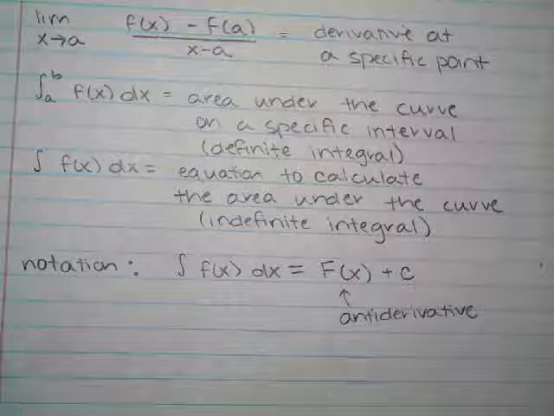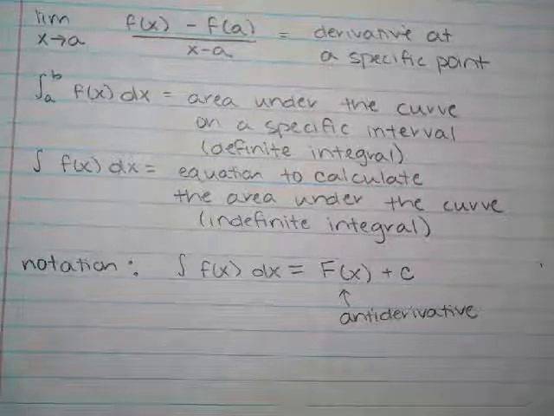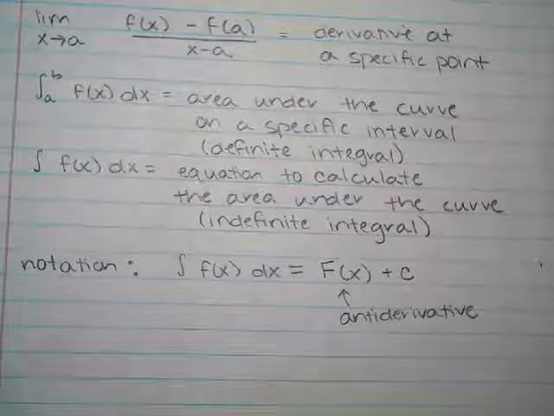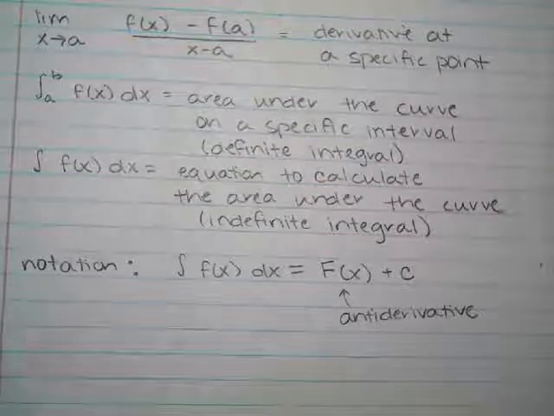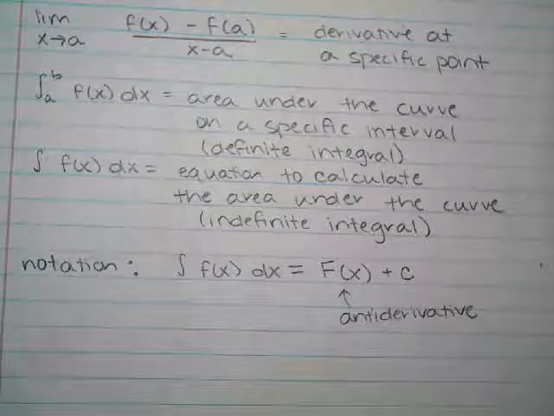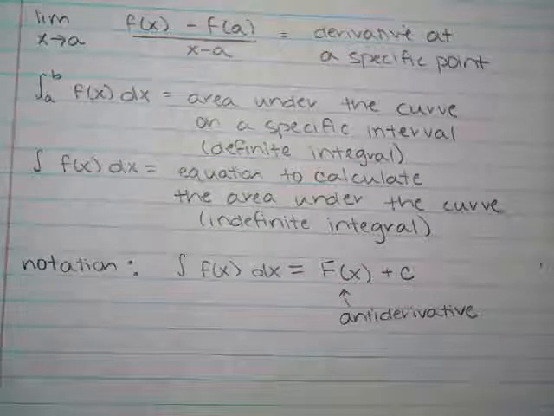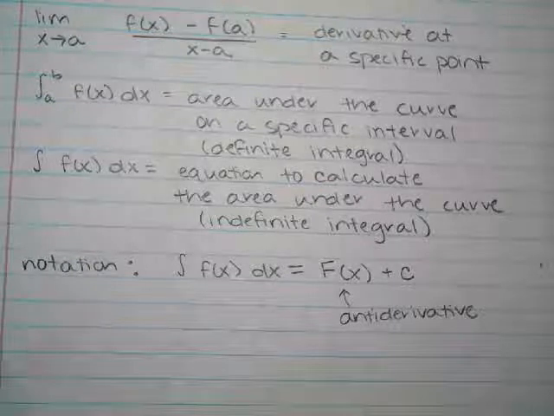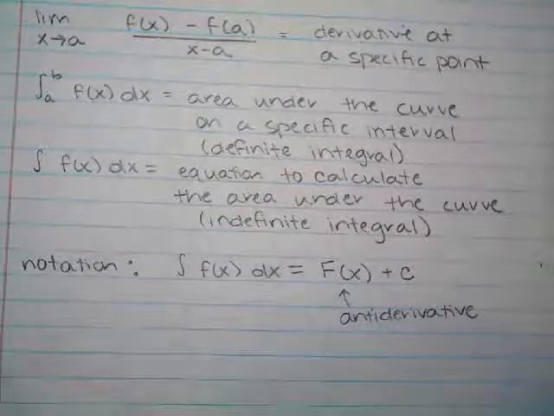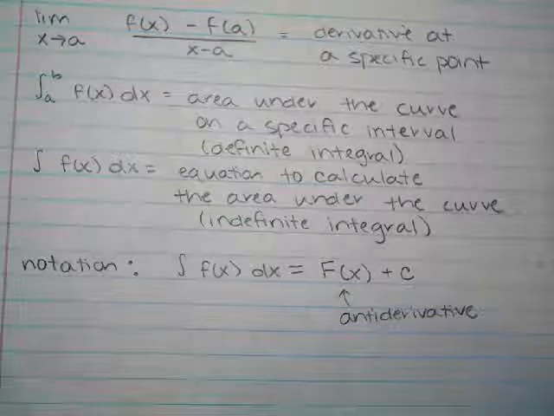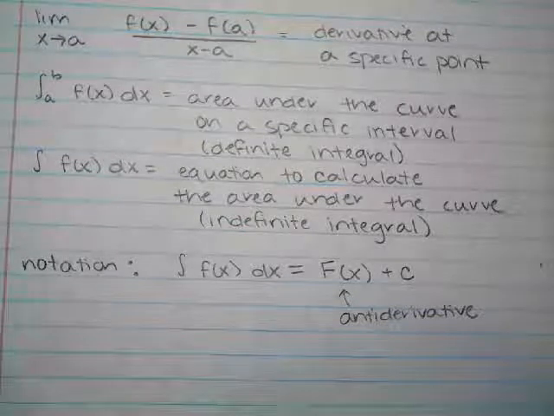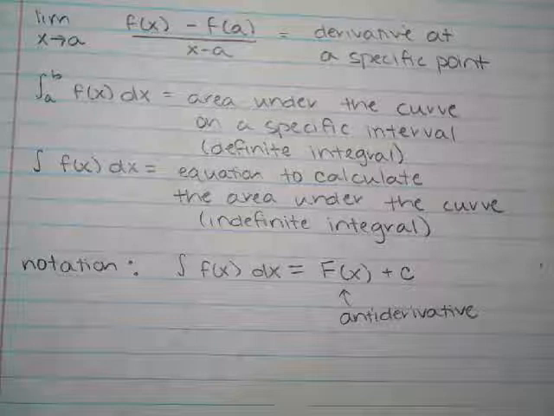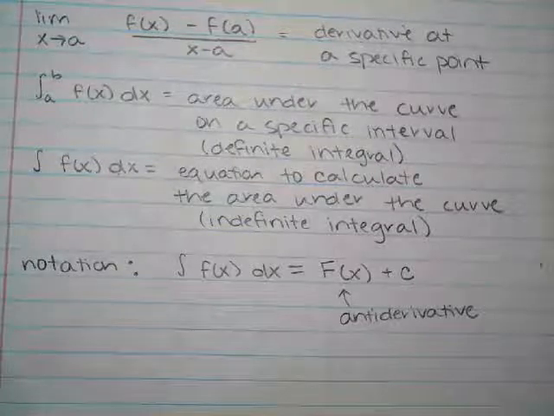This is one of those things that's going to take us some time to kind of unpack. And as a teacher, I'm like, how in the world is a slope and an area under the curve opposites of each other? It kind of has to do with the idea that a length and a volume are one step apart. Does that make sense?